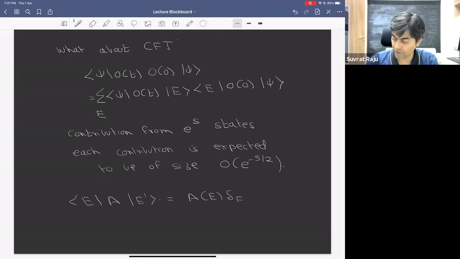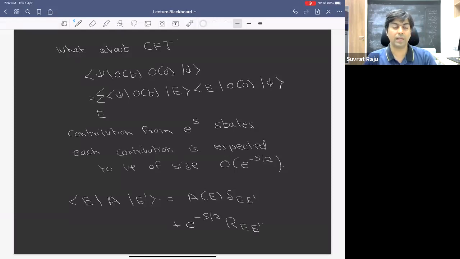So this is the eigenstate thermalization hypothesis. And then you get some matrix elements which are just random phases which contribute when E prime is not equal to E. Okay? Now, why is this the right expectation to have?